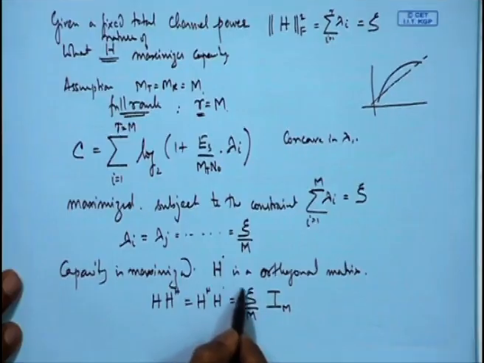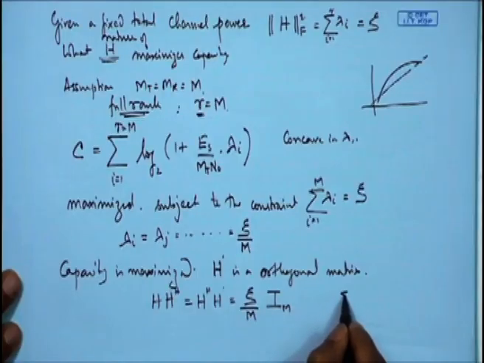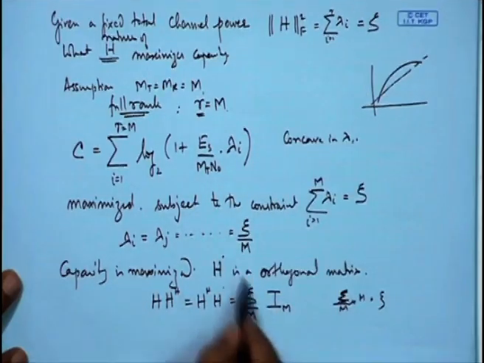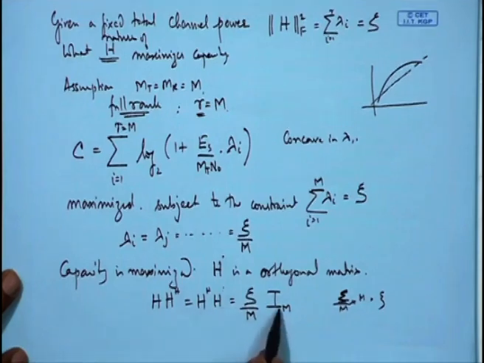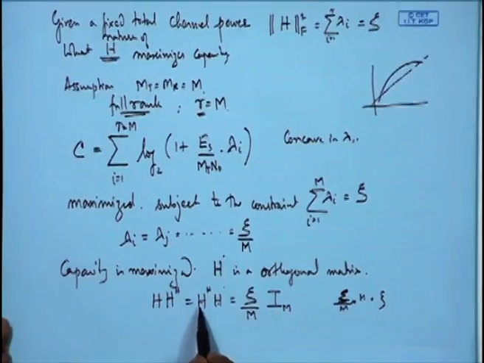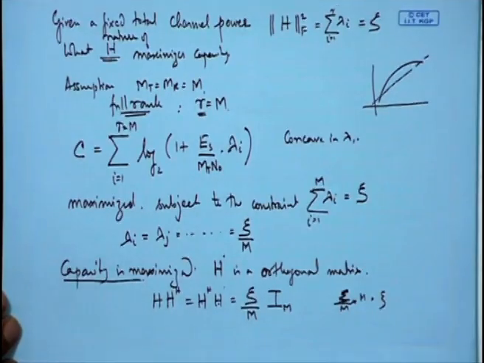So the sum of the diagonal elements would be zeta by M plus zeta by M and so on, which will be equal to zeta. If I take the trace of it, I get zeta upon M times, all of these are 1, M of them, which is zeta. So this condition is satisfied. So only when there is a diagonal or identity matrix, that is, when H Hermitian H is identity, in other words H is an orthogonal matrix, then we can say that capacity is maximized.